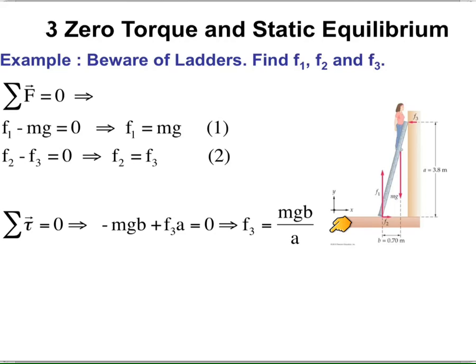Choose any point so that you can write the equations in the easiest form. So usually one of the points where the forces are applied should be taken as the point of rotation. So we choose this point.